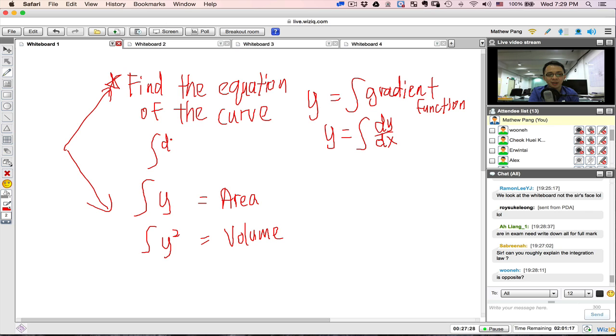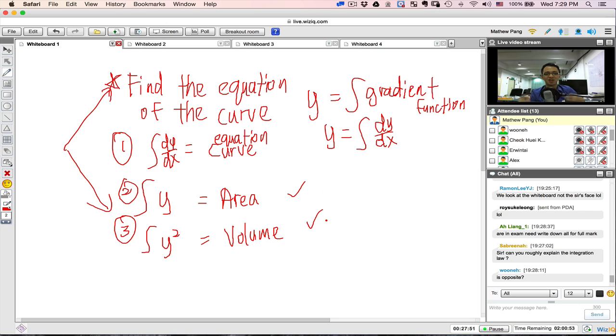So if you integrate the gradient function, which is dy dx, you will get the equation of the curve. When you integrate y, you will get area. When you integrate something like y squared, you will get volume. These two will come out in paper 2.